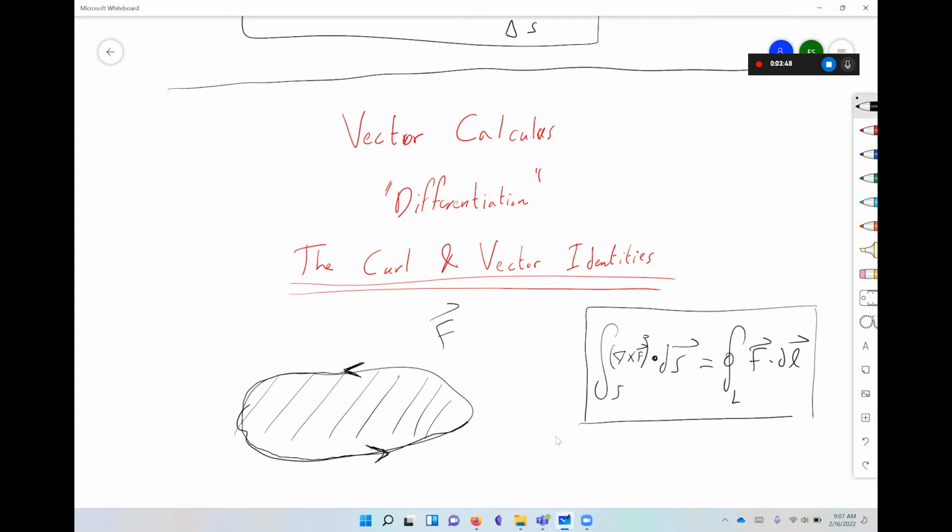This form of the fundamental theorem of calculus is called Stokes theorem. It's called a theorem, but as we'll show later, it's a really obvious statement. It's called Stokes theorem for historical reasons. And that's enough for us to define how to calculate the curl and try to interpret what the curl is.